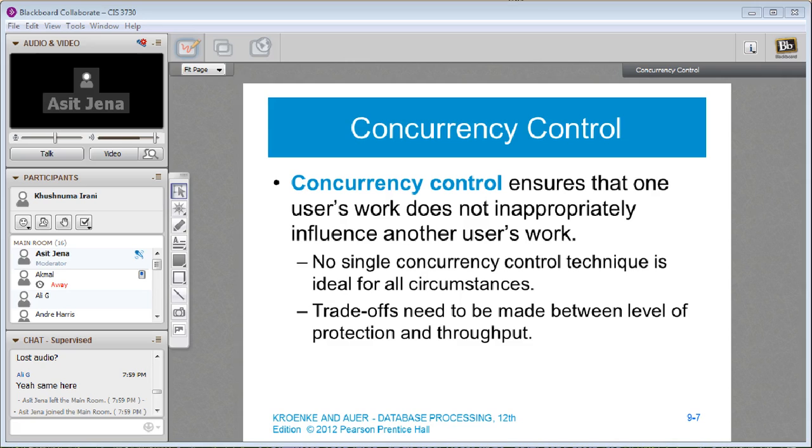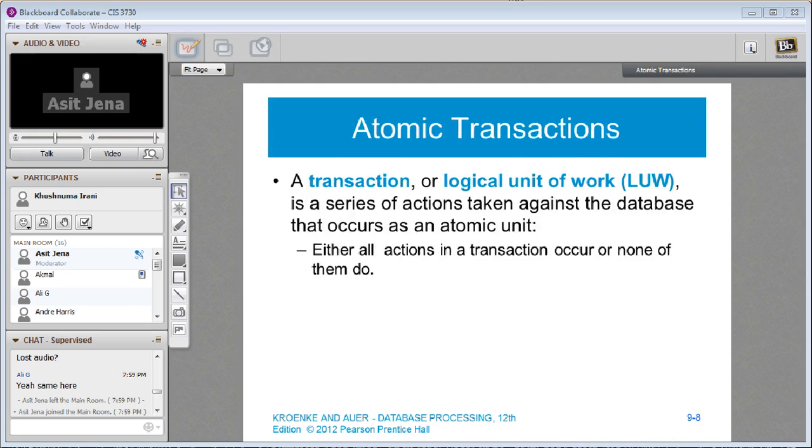So the concurrency control makes sure that only one person is allowed to make changes or updates to a row at a given time. So that's what concurrency control basically means. Basically means that two people are not overwriting each other's update. It makes sure that at a given time, only one person can update a particular record.